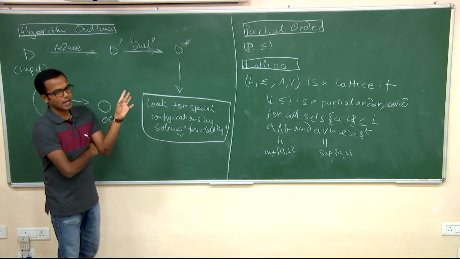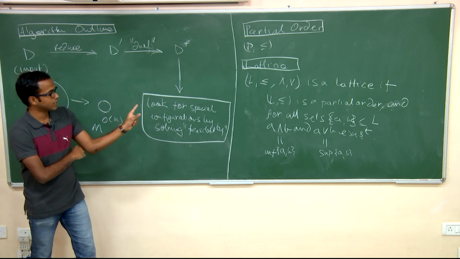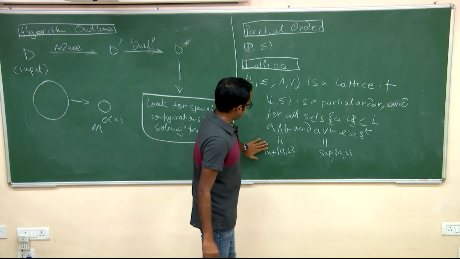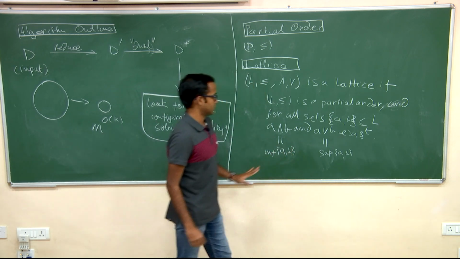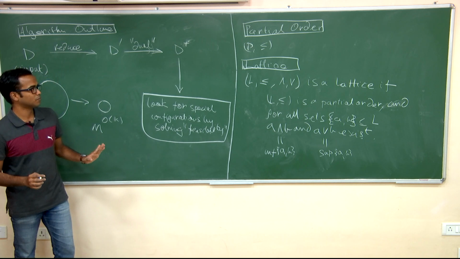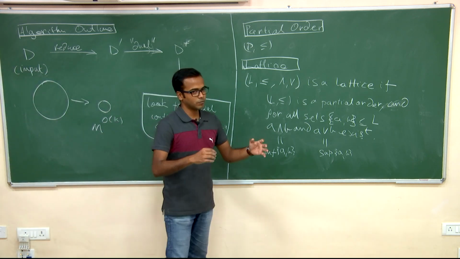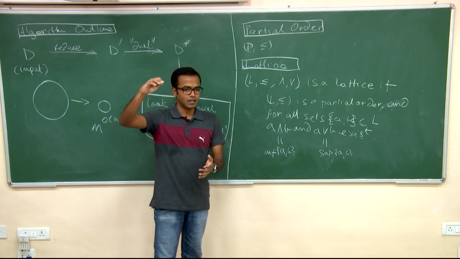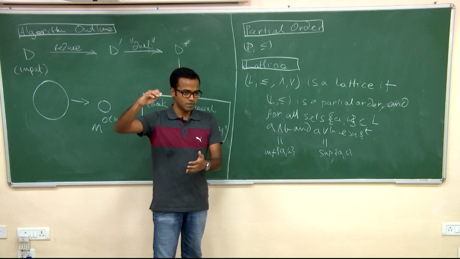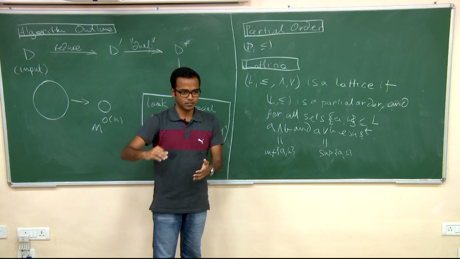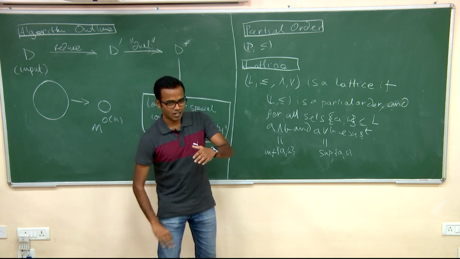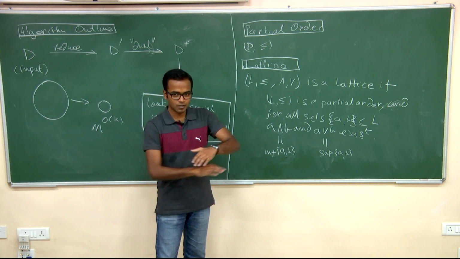So for any two distinct elements in the lattice, the infimum and the supremum should exist. That just means that when you pick out two elements, you'll be able to find the smallest element that is greater than them, and the largest element that is less than both of them.